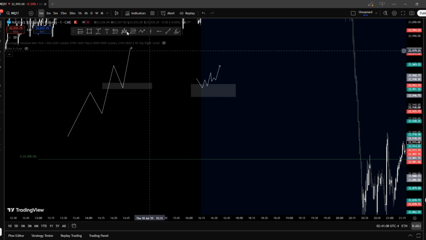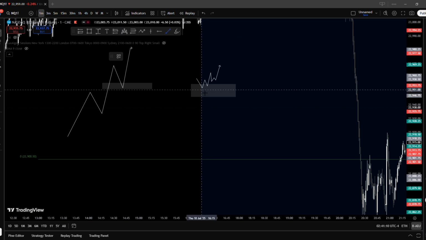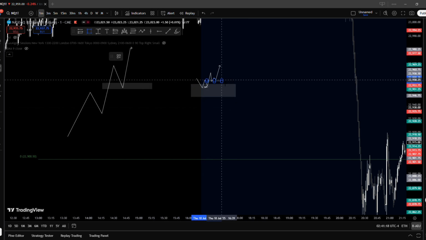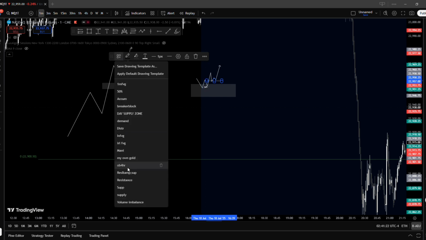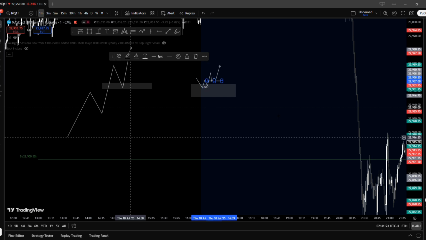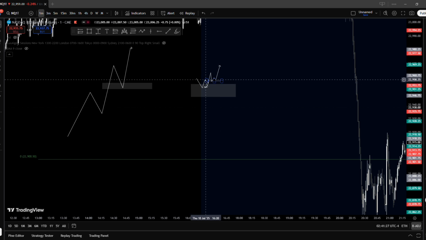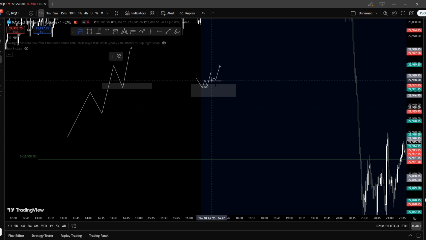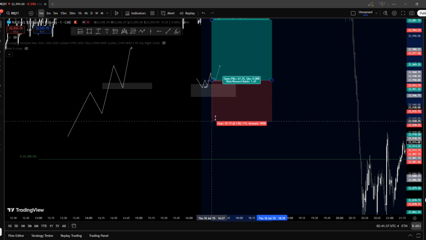Look for an SMT, then an inverse fair value gap in this small area. After getting this change in state of delivery, only look for the inverse. If you get the inverse and you get a change in state of delivery, it gives you more confidence, and you can take that entry. After that you can look for a 1:2.